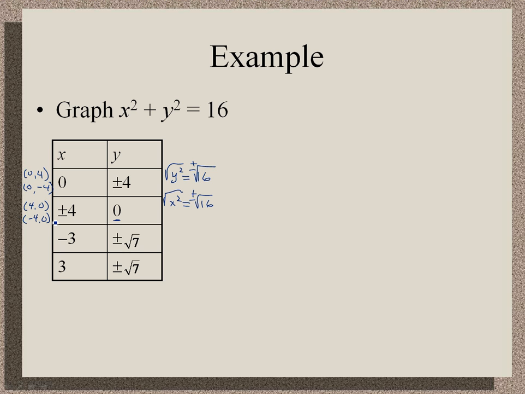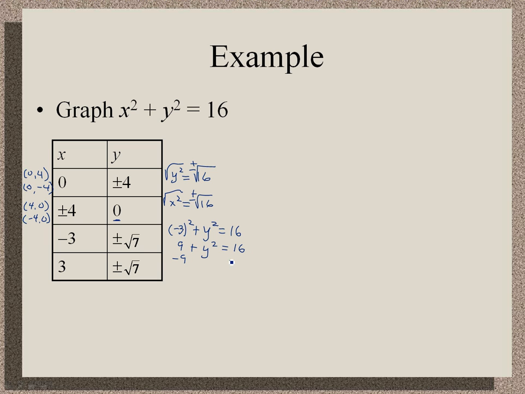Now just about any other point that I would choose would not come out real nice. Here I chose negative 3, and substituting it in for x, we get negative 3 squared plus y squared equals 16. That gives you 9 plus y squared equals 16.